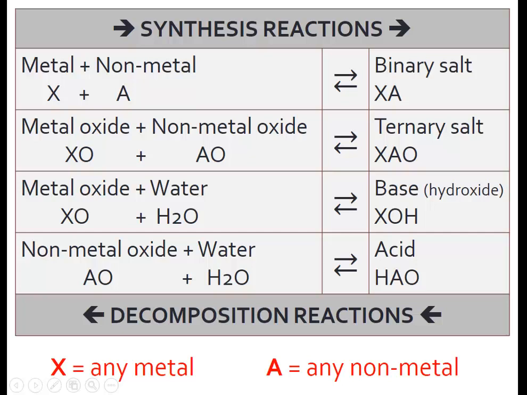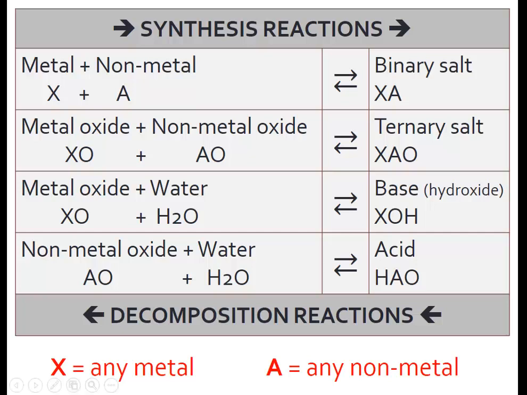And a non-metal oxide has a general formula of A for our non-metal, O, so AO, plus water makes HAO. And again, notice we put them in a very particular order. H for the hydrogen, every acid that we'll work with in first year chemistry, I should say almost all of them, will start with H, because it's just kind of the first element that's typical of simple acids that we look at in first year chemistry.